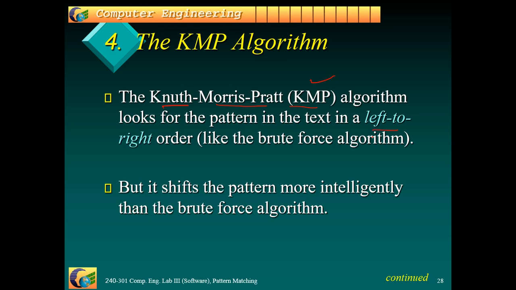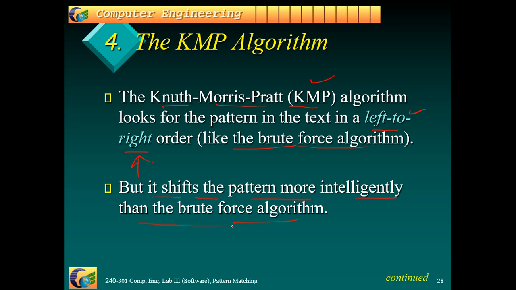In Boyer-Moore, we compared from right to left, whereas in brute force we compared from left to right. The same kind of approach that we adopted for brute force is going to be applied in this Knuth-Morris-Pratt, KMP algorithm. It is very similar to brute force, as I said, but there is a small twist in this algorithm: it shifts the pattern more intelligently than brute force.